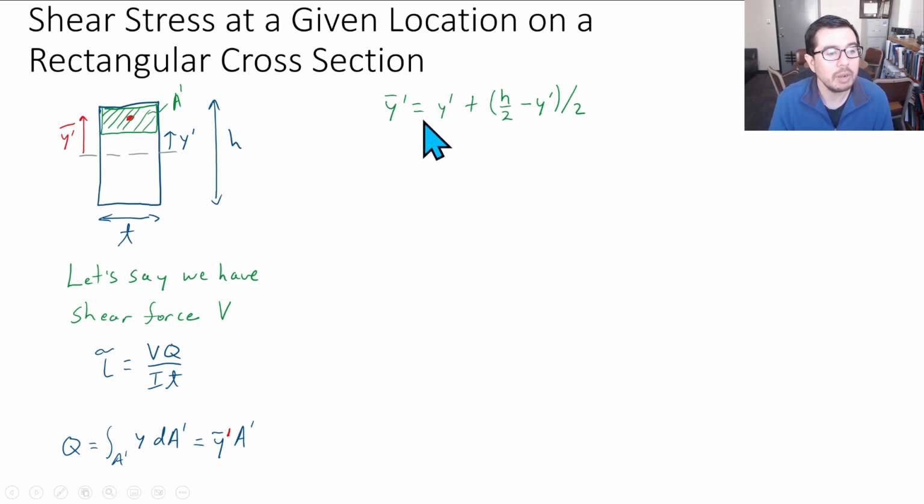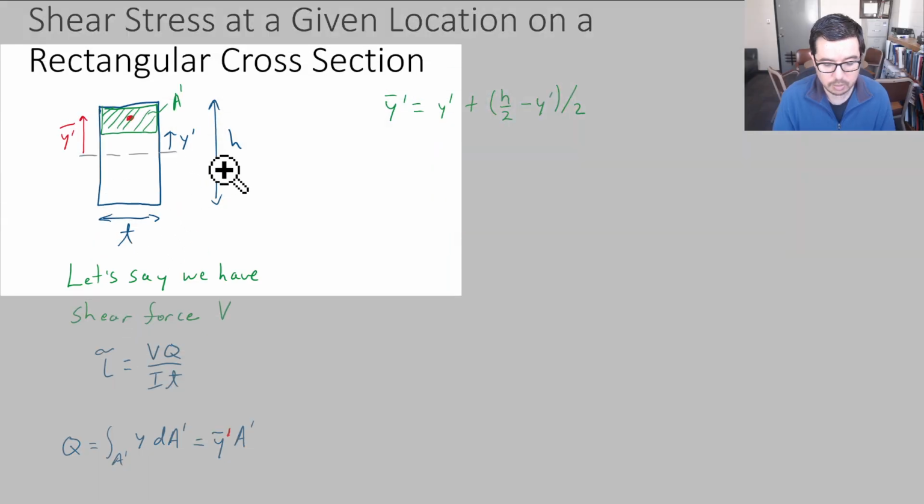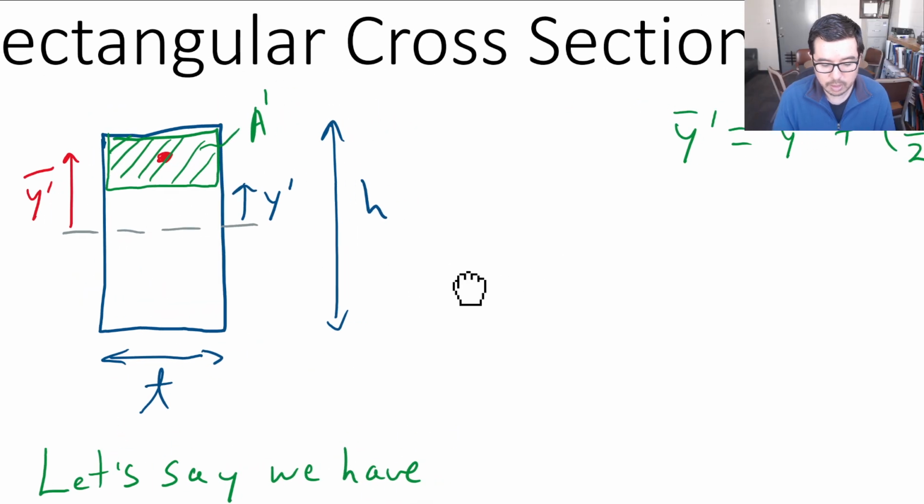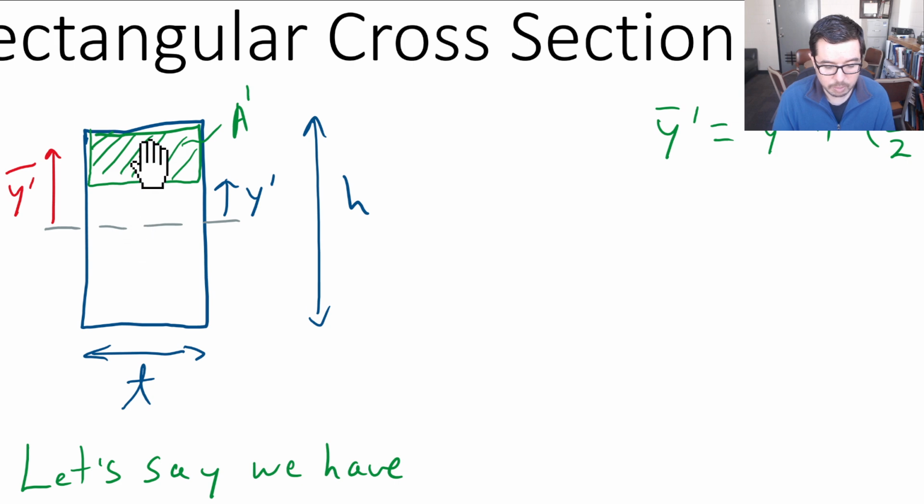So y bar prime is the location of the centroid of this A prime. And where is it? It's located halfway between the bottom of this and the top of this. Maybe I'll zoom in to make this a little bit easier. So it's located halfway up here.